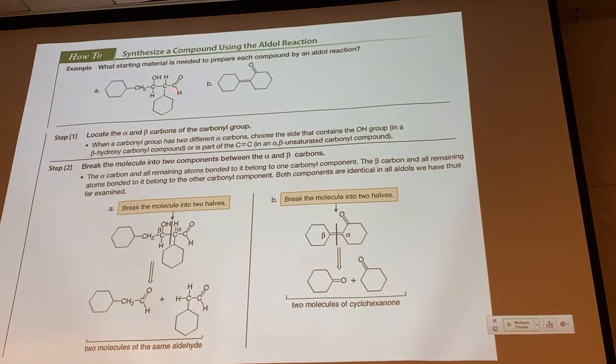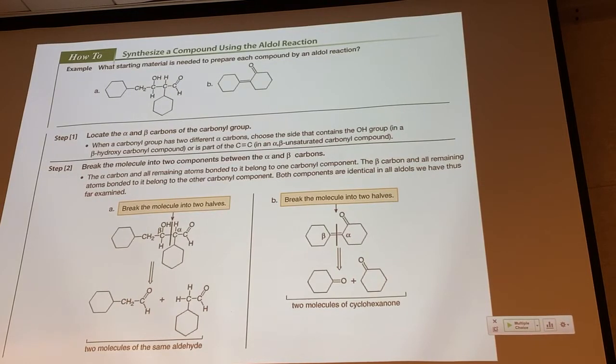We have two alpha carbons here in the ketone. We need to locate the alpha carbon that is either bonded to a carbon with an OH, so that would be this one right here, or the one that's involved in a double bond, which is this one right here.